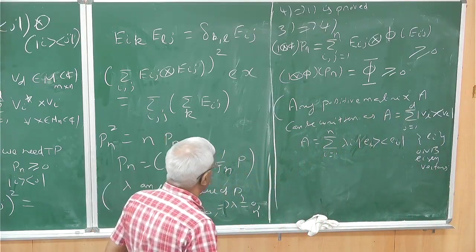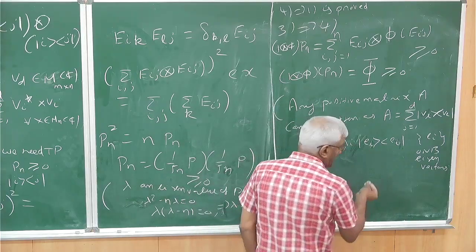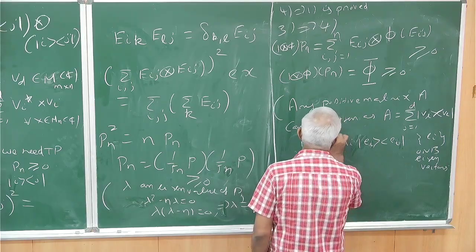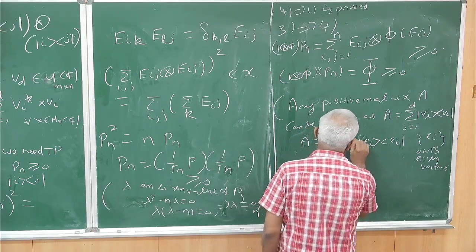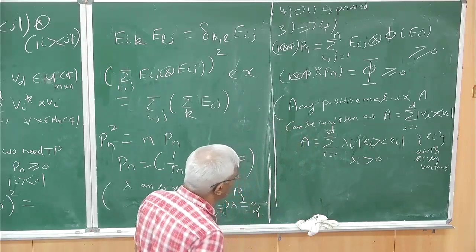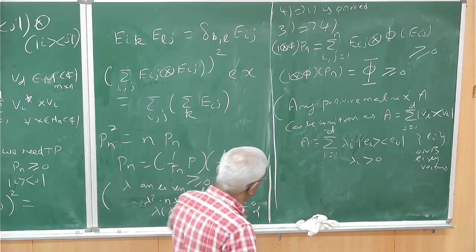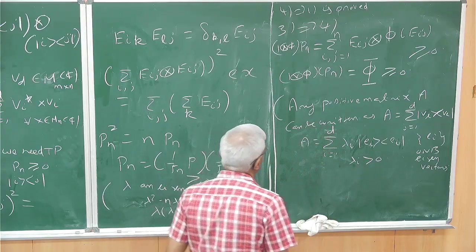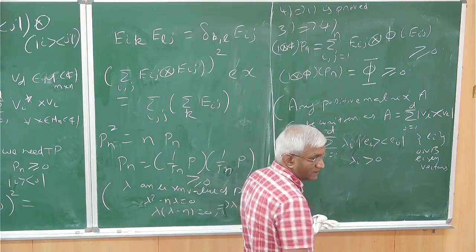Then you take only the non-zero lambda values, where i equal to 1 to d, let us say, with lambda_i strictly greater than 0. Lambda equal to 0, you just forget it. That's an orthonormal basis, but we are taking only those E_i for which lambda_i is greater than 0. Zero doesn't count.